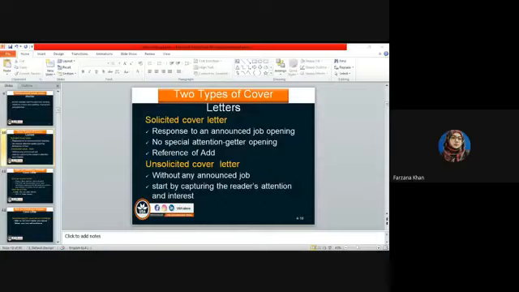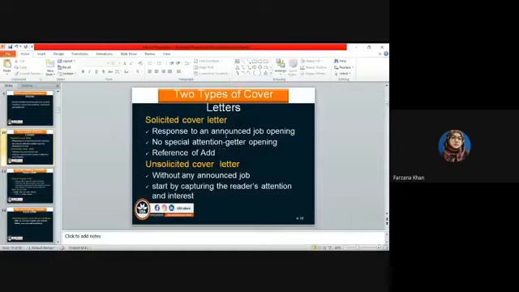But in an unsolicited letter, you need to start by capturing the reader's attention and interest. Here, you will focus on grabbing the attention of the reader, because you haven't been called to apply, but still you are going to apply. So the introductory paragraph should be an attention grabber.